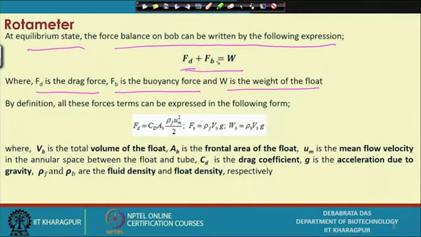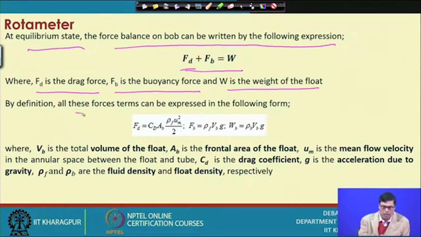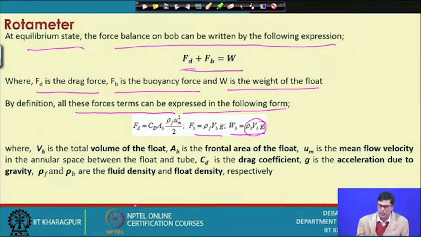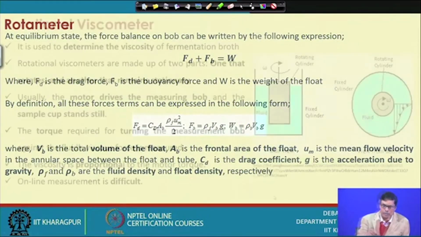By definition, all the force terms can be expressed in the following form: Fd equal to Cd Ab into rho f um squared by 2. Fd can be expressed like this, and W is the weight. So this is how we can find it out.